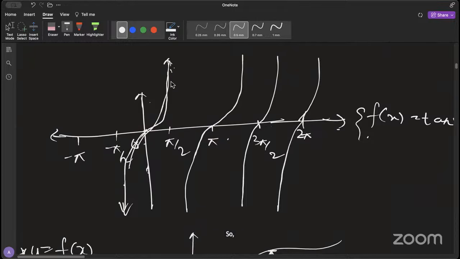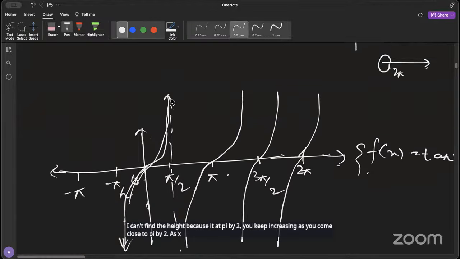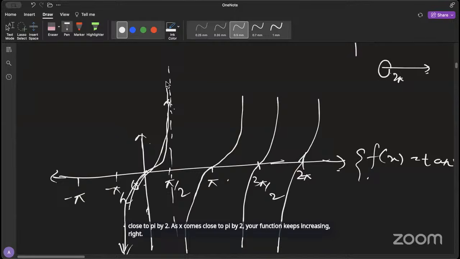So now let's just consider this line first. At x equals pi by 2, I don't have a value, right? What's the height at x equals pi by 2? I can't find the height because as x comes close to pi by 2, your function keeps increasing.